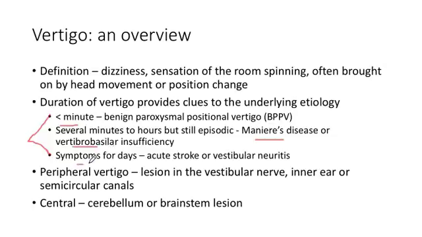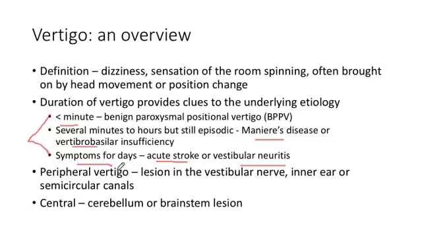And if you have symptoms that last for a day or 2 or 3 days, then you think maybe this is an acute stroke. And again, even with an acute stroke, your vestibular system will adapt and the vertigo will go away. So that's not going to last forever. Or if you have vestibular neuritis, an acute infection or demyelination from MS, that's going to have symptoms for 2-3 days, followed by an improvement.